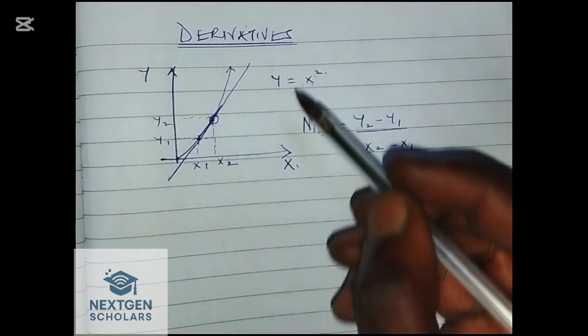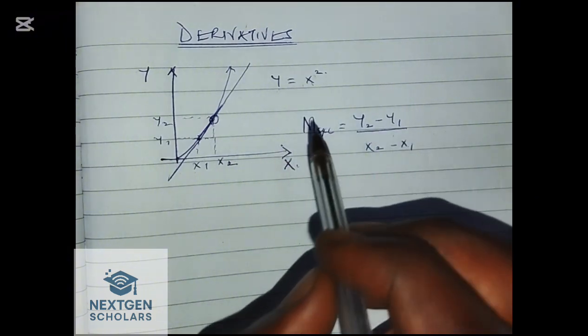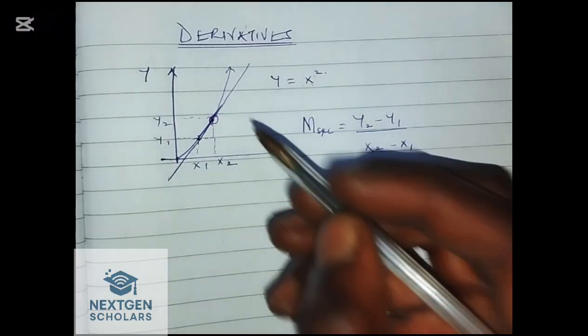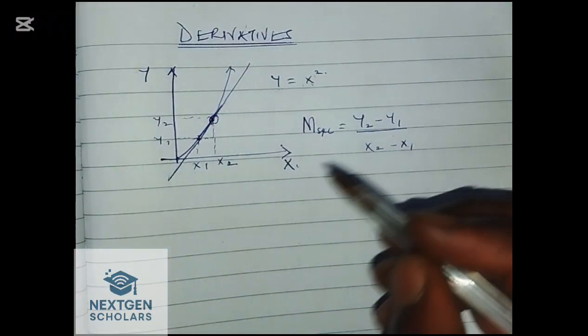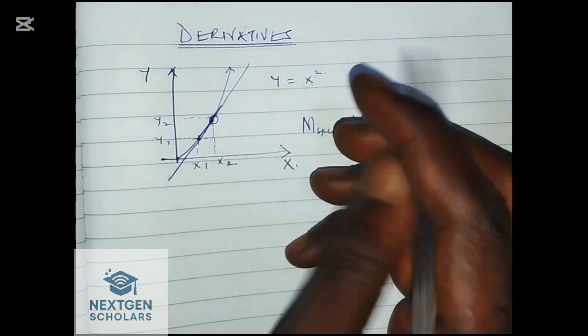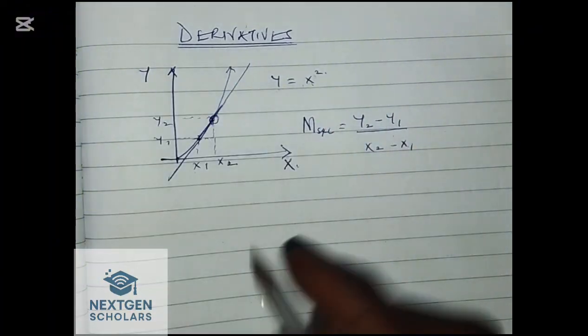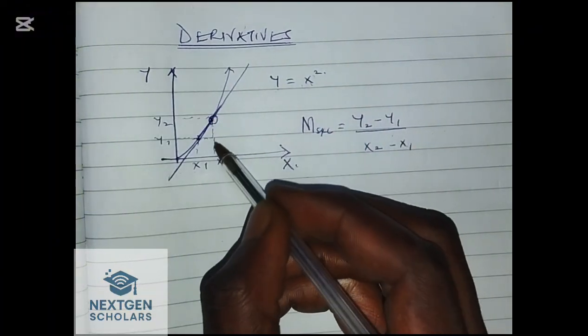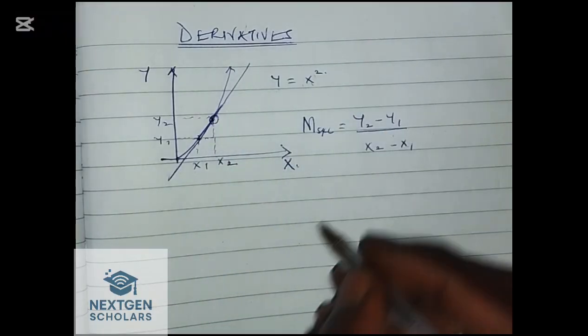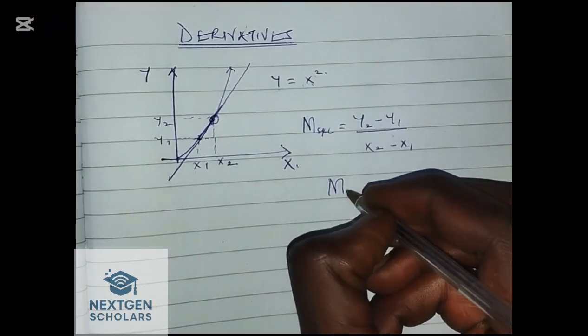A tangent line is a line that touches a curve at exactly one point. You are asked to find the slope of a line at exactly this point. That is the instantaneous rate of change at exactly this time. What do we do to find that?